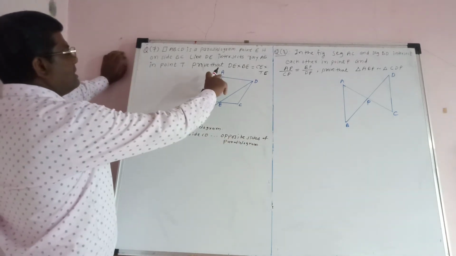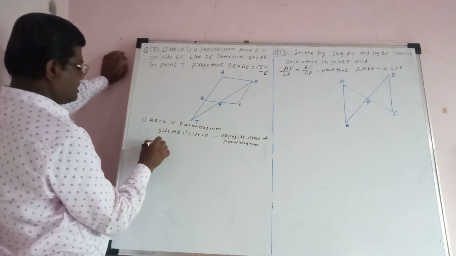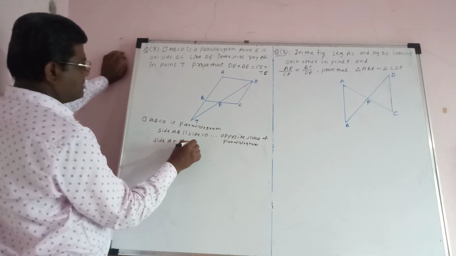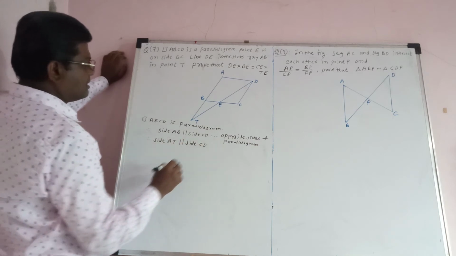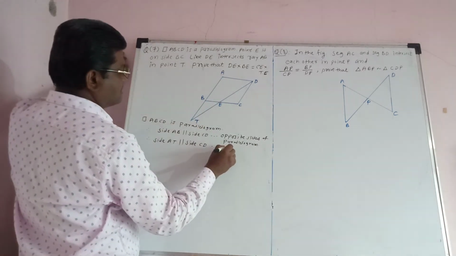Now side AB can be extended as side AT. Therefore side AT is parallel to side CD, and the reason is A-B-T.